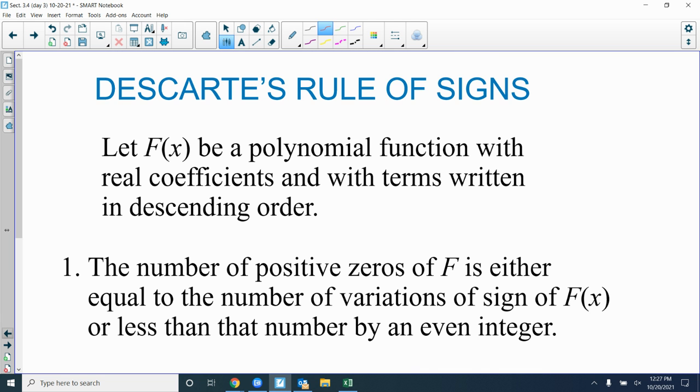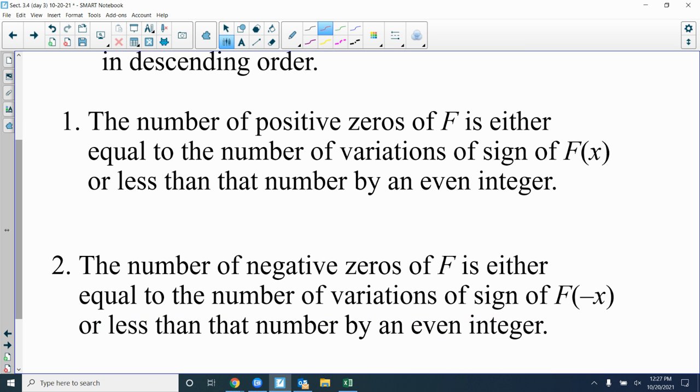Now, let me go backwards. Whatever the variations of signs, it said it'll be that number or less than that by an even integer. So if you would have 5 changes of sign, then you would always subtract 2 from that. So then it would be 5 or 3 or 1. You go all the way down to 0, positive or negative zeros.